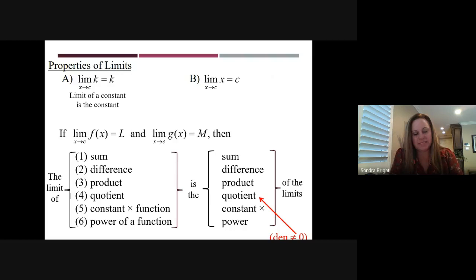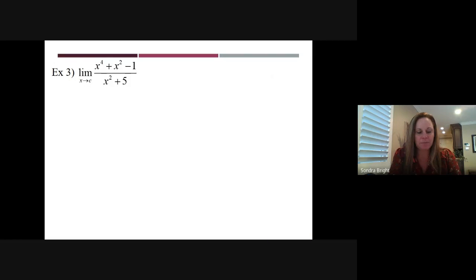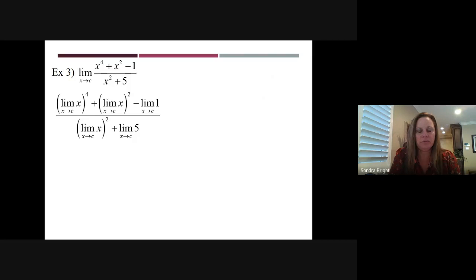So here's how this is going to help us. We're going to use these properties to allow us to evaluate limits much easier. So for example 3, they want us to find the limit of this function as x approaches c. And technically what we would have had to do without all those properties is take the limit of each individual piece, and it's a huge pain.